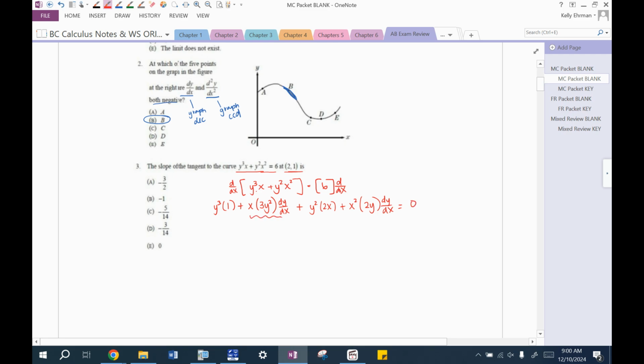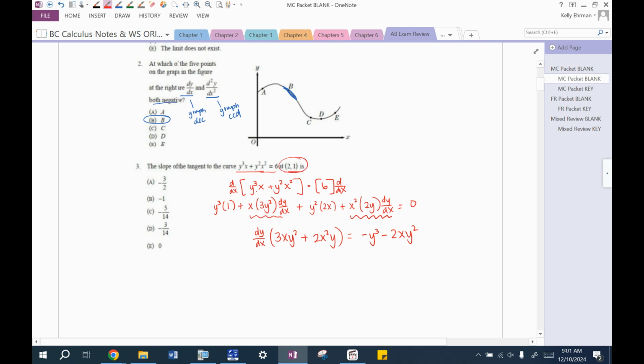Now remember, you want to keep your dy dx's on one side and move anything that's not to the other. The reason we keep dy dx's together is because we can factor a dy dx out. So I'm going to write this as 3xy squared plus 2x squared y equals, and I'd have to move stuff over here, so negative y to the third minus 2xy squared.